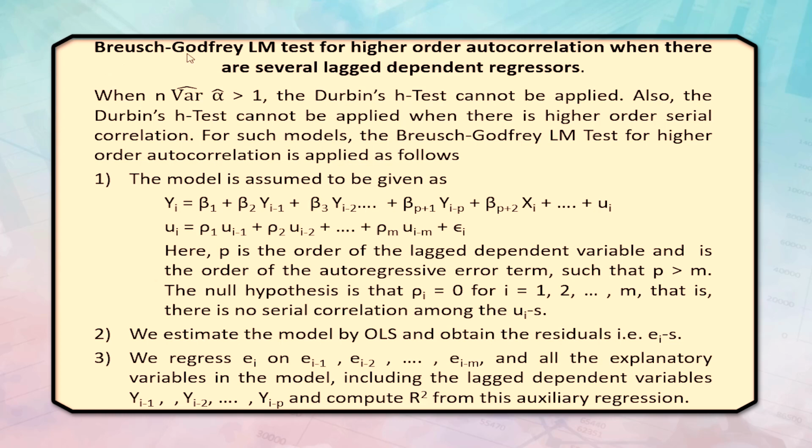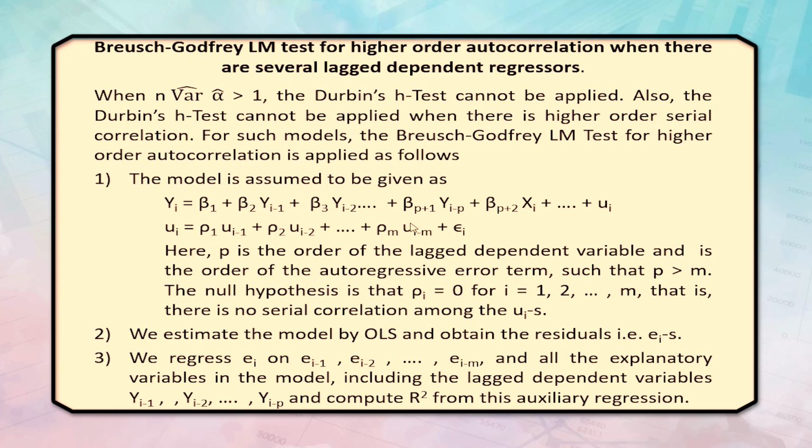That is the Breusch-Godfrey LM test for higher order autocorrelation when there are several lagged dependent regressors. So, we have yi regressed on an intercept and then yi minus 1 right up to yi minus p, plus x variables, which are kept implicit because you can have more than one x variable, and the last term is our familiar random disturbance term ui, which itself is autoregressive of order m.